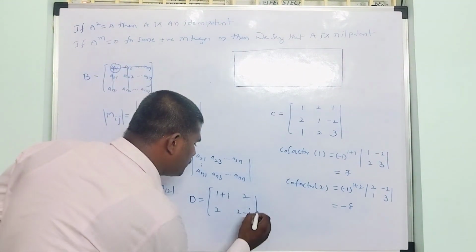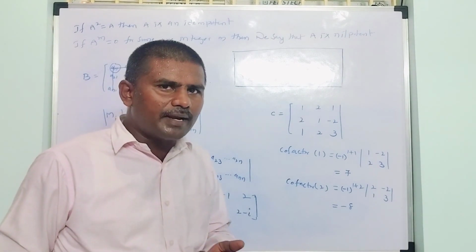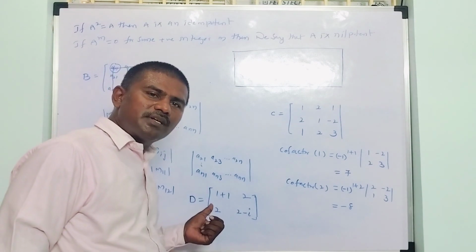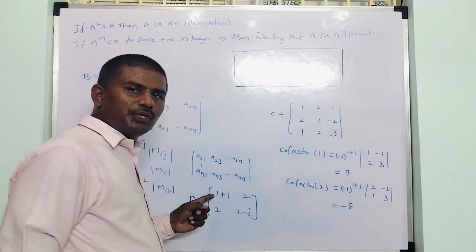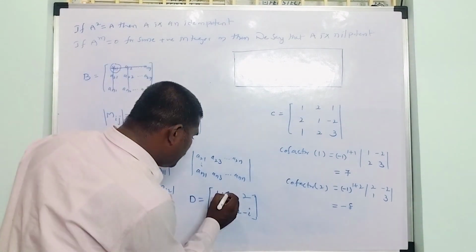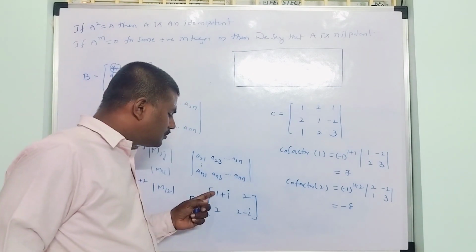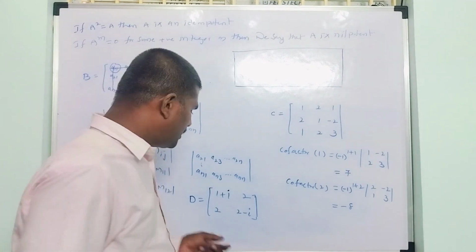This is a complex matrix. When will you say that a matrix is a complex matrix? If the entries or elements of a matrix are complex numbers, then it is a complex matrix. Here you can observe that 1 plus i and 2 minus i, where i means iota, are complex numbers, and 2 is a real number, as you know very well.